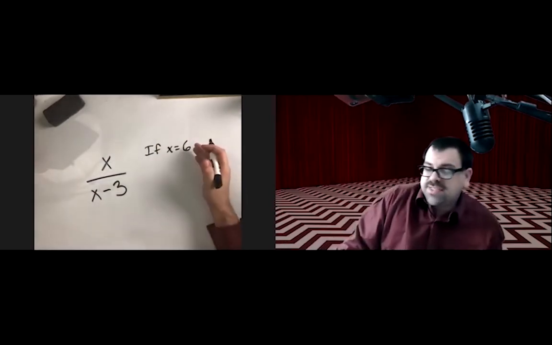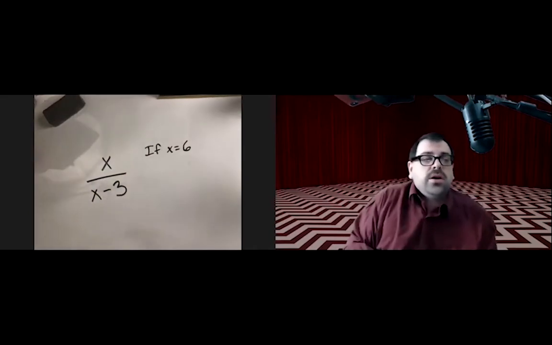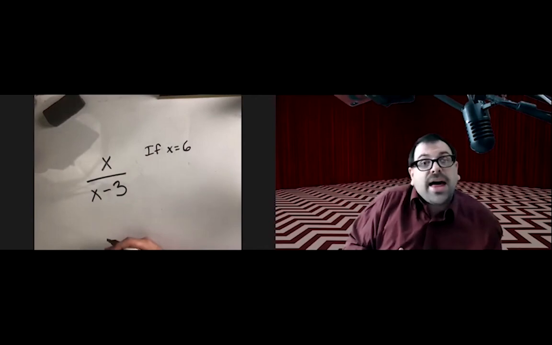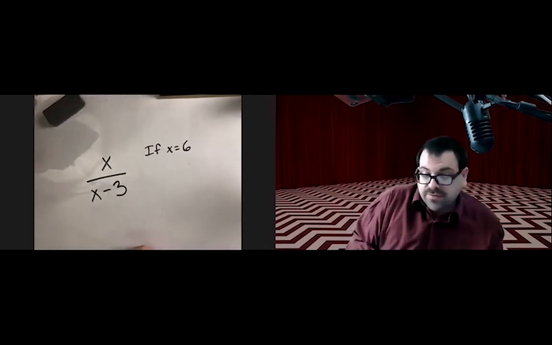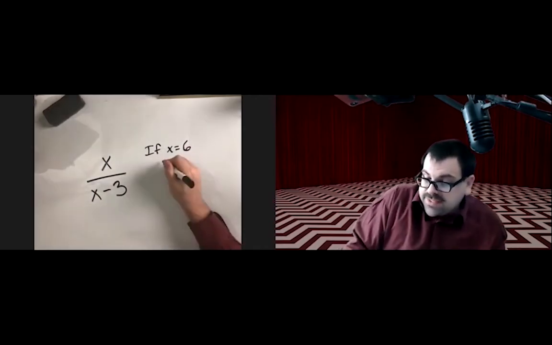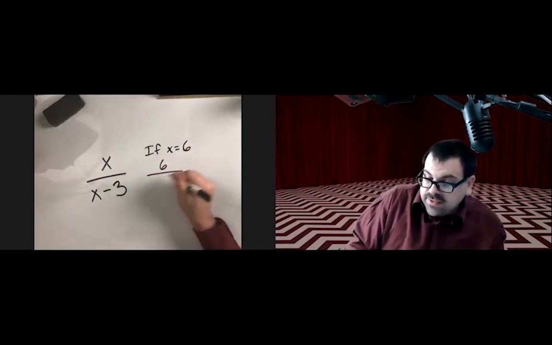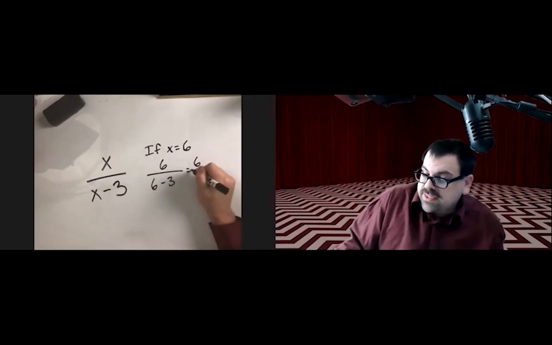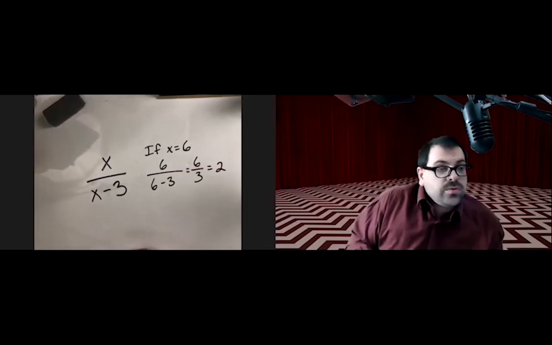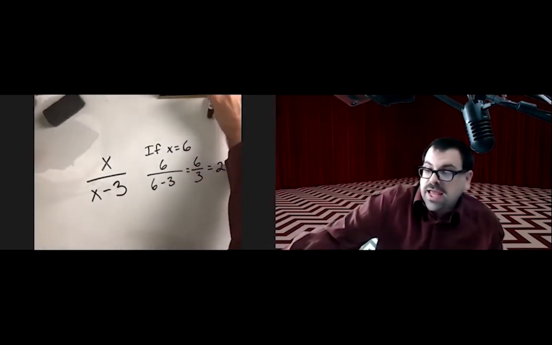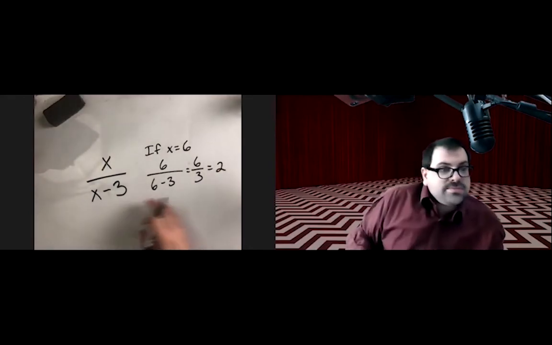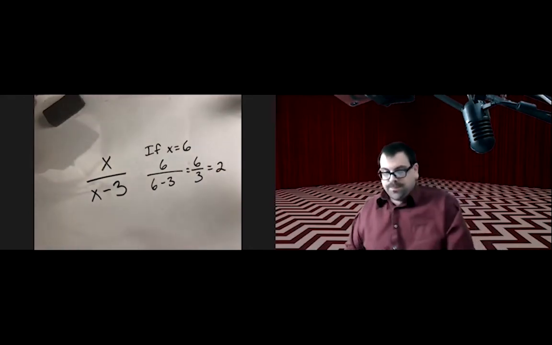We can figure that out by plugging 6 in for x. If x is 6, then we have 6 over 6 minus 3, which is 6 over 3, which is 2. So if x is 6, this expression is 2.